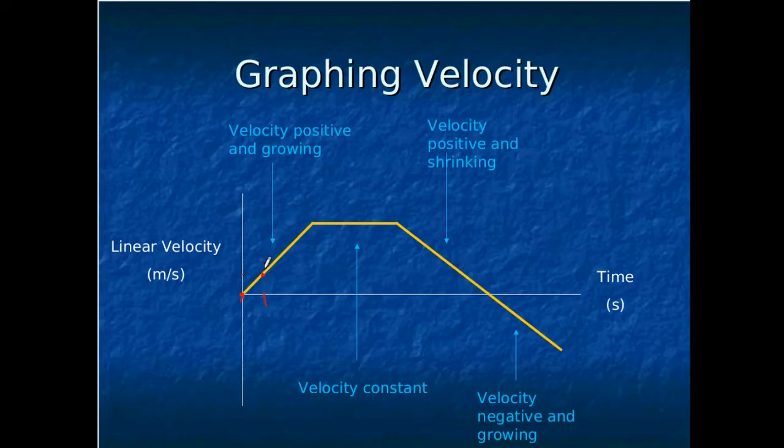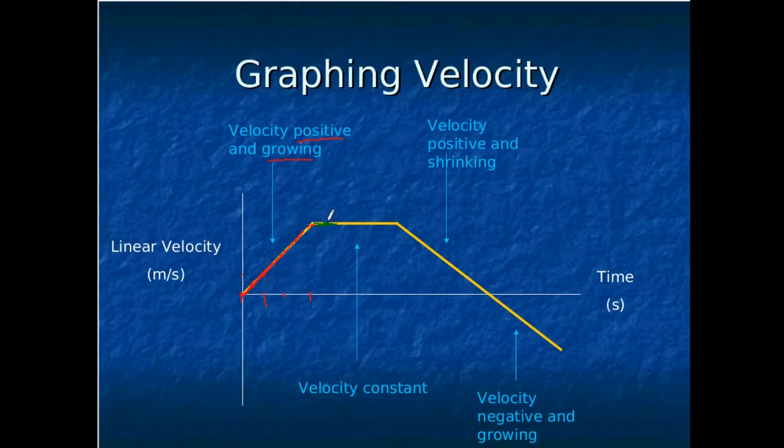Because it's positive, let's say that means it's going to the right, and then the velocity increases again, and then the velocity increases again. So during this entire time interval right here, the velocity is positive, and it's growing because it's getting higher in magnitude.